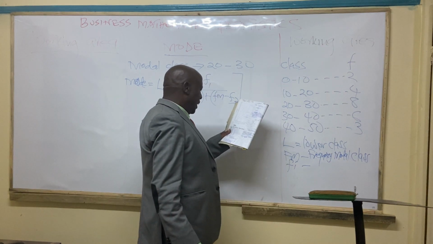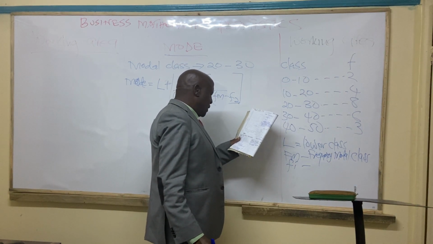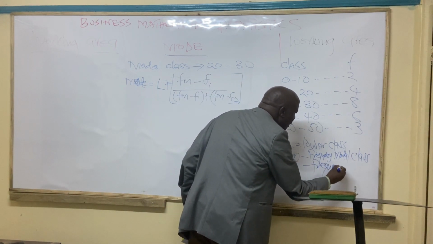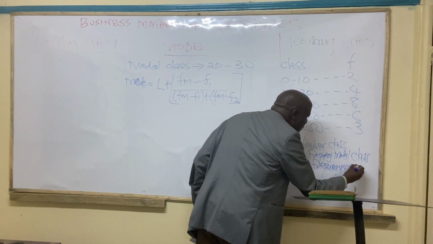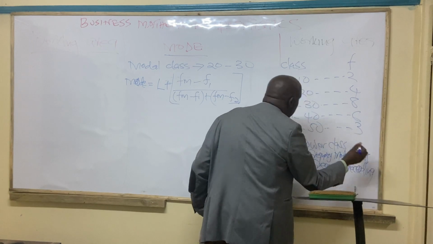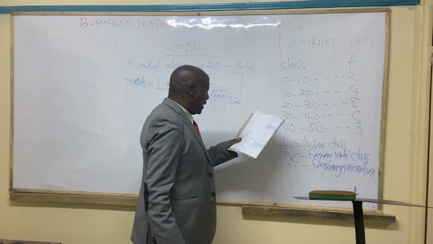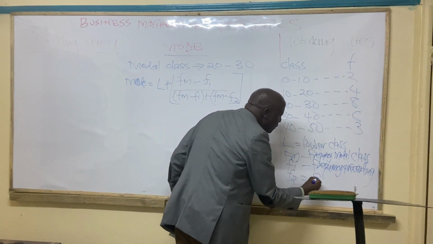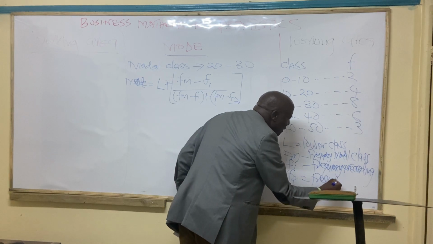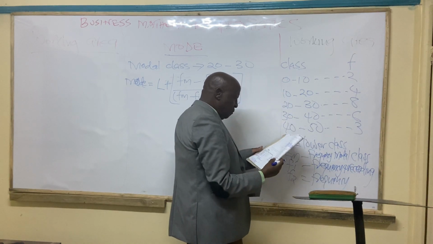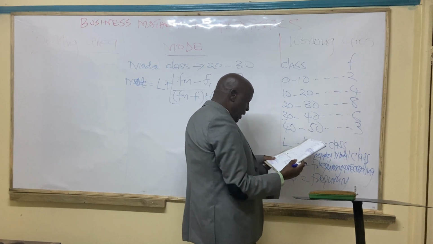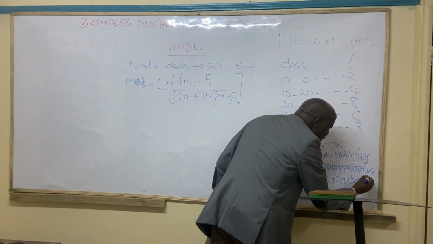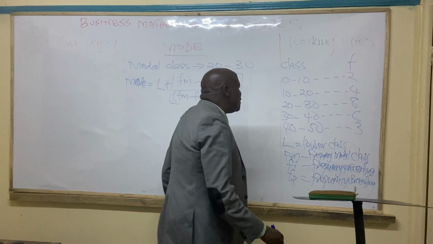So F1 will be frequency preceding. Then F2 will be represented by frequency proceeding or succeeding. Frequency succeeding.